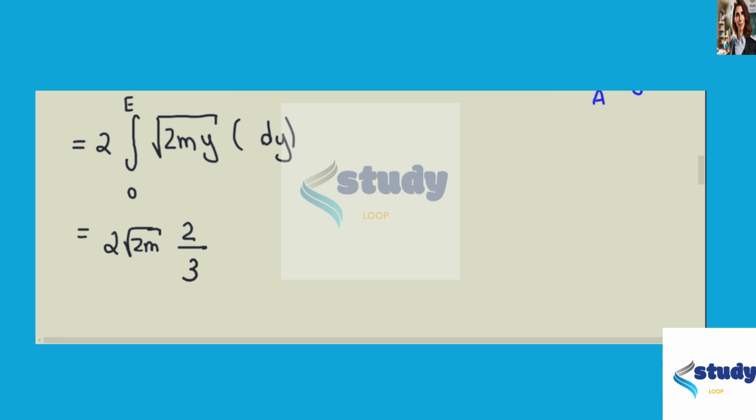So this is 2/3 times y to the 3/2 from 0 to E. So this is 2 times the square root of 2m times 2 over 3. So let me write it as 4 over 3 times E to the 3/2.